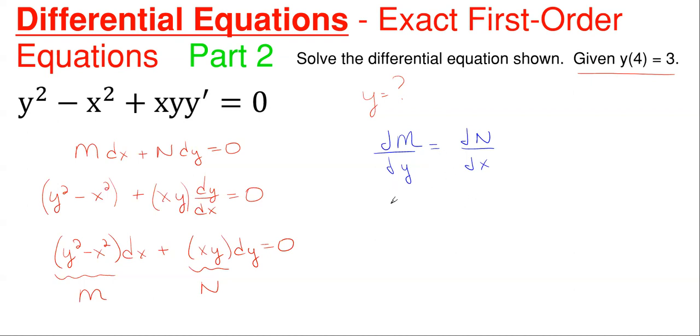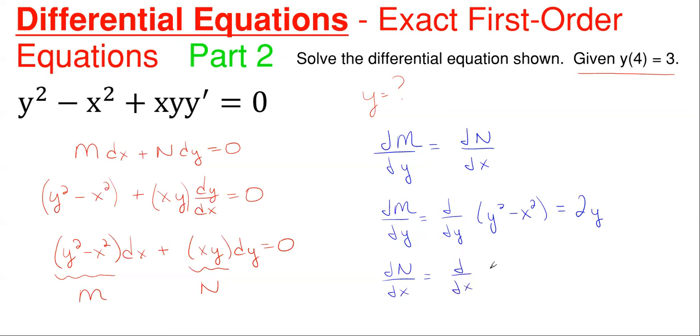Well, the partial derivative of M with respect to y would just be the partial derivative with respect to y of y squared minus x squared, and this would just be 2y. Well, let's check the N side here. So the partial derivative of N with respect to x would just be the partial derivative with respect to x of xy, and that just gives me y. Well, these two are not equal to each other.